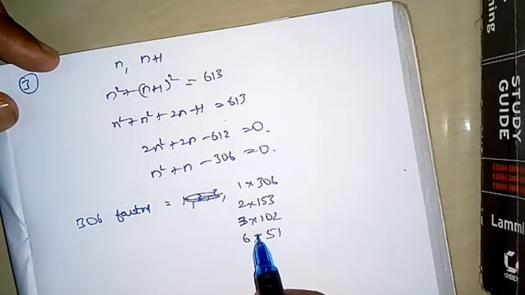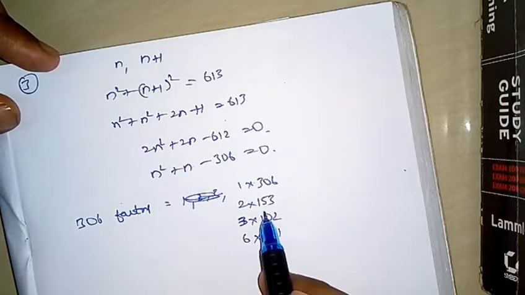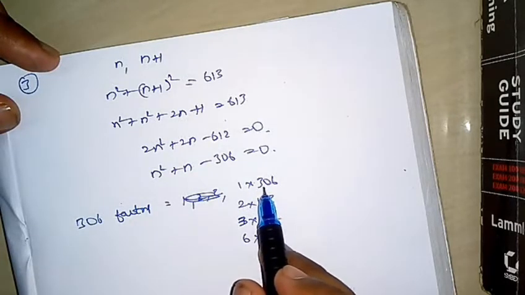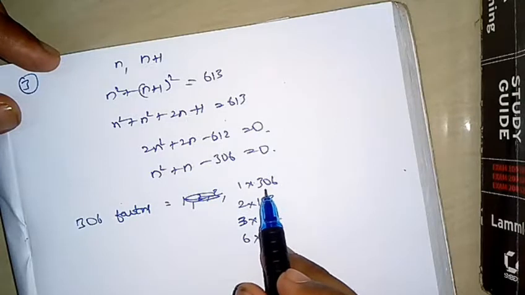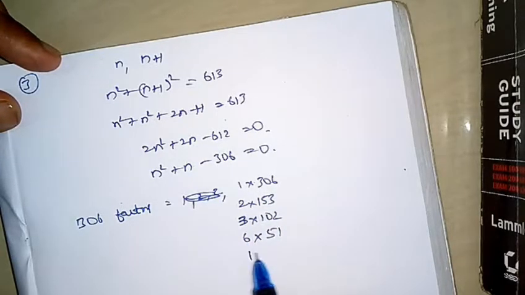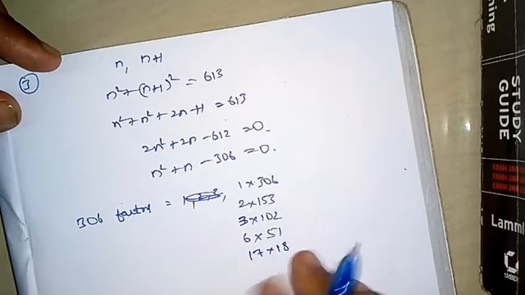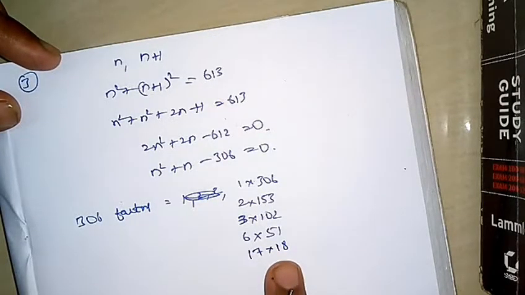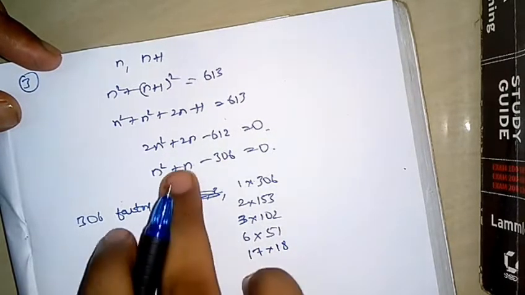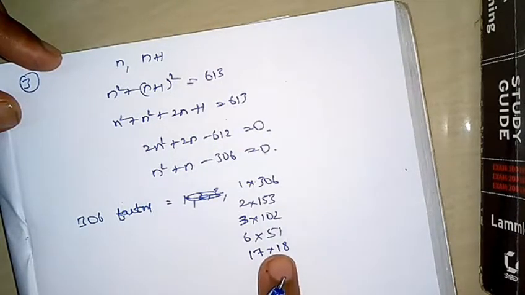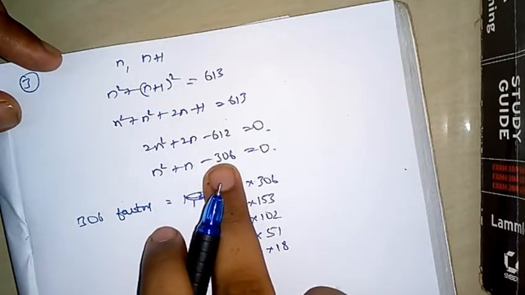13, let's check with 13. 13 2s are 26, no it won't go. Next it will go with 17. 17 into 18. If you observe, 18 minus 17 is 1, and 18 into minus 17 is minus 306.